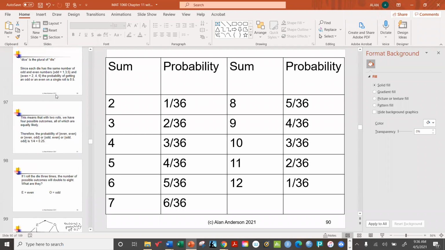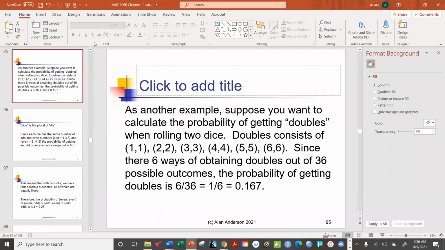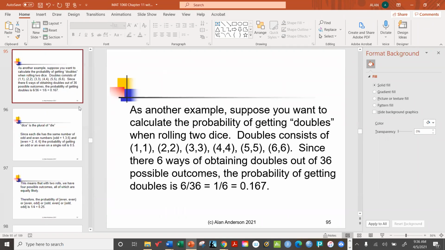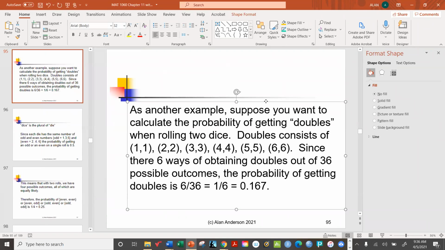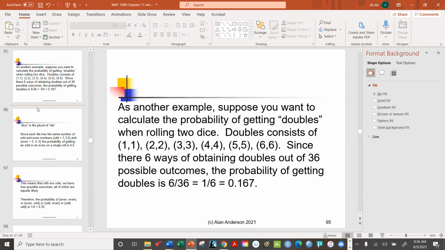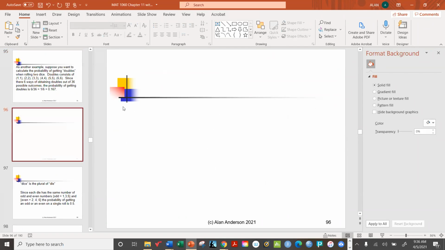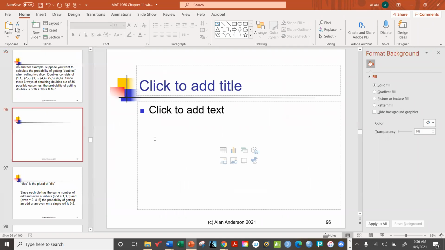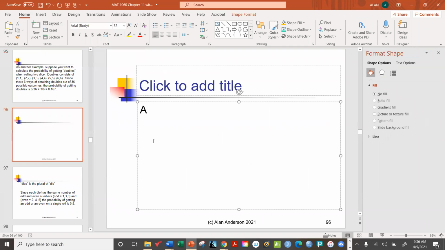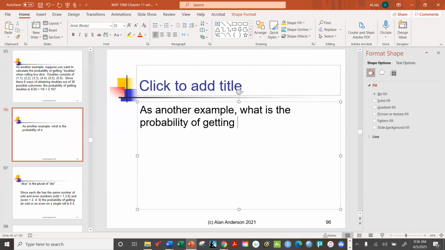Suppose I told you that I'm playing a game of some kind where I can only win a prize if I get at least a 10. As another example, what is the probability of getting 10 or more when rolling 2 dice?